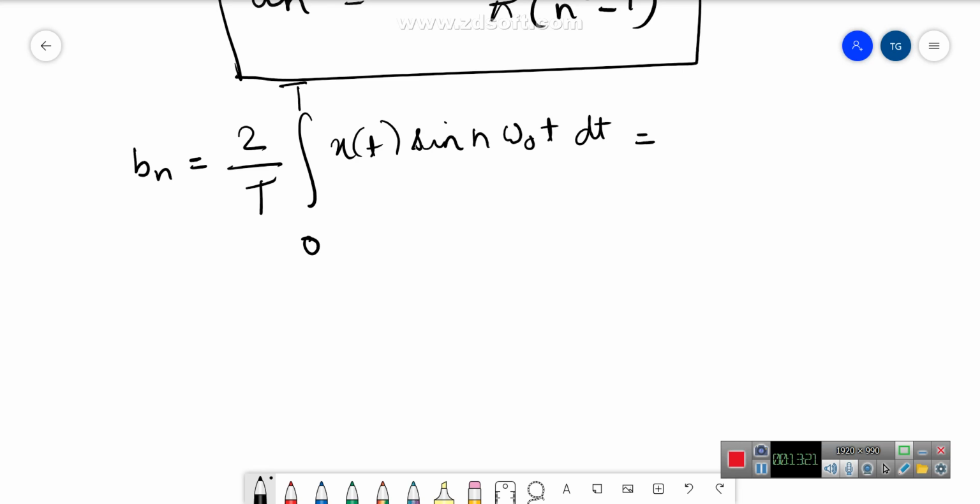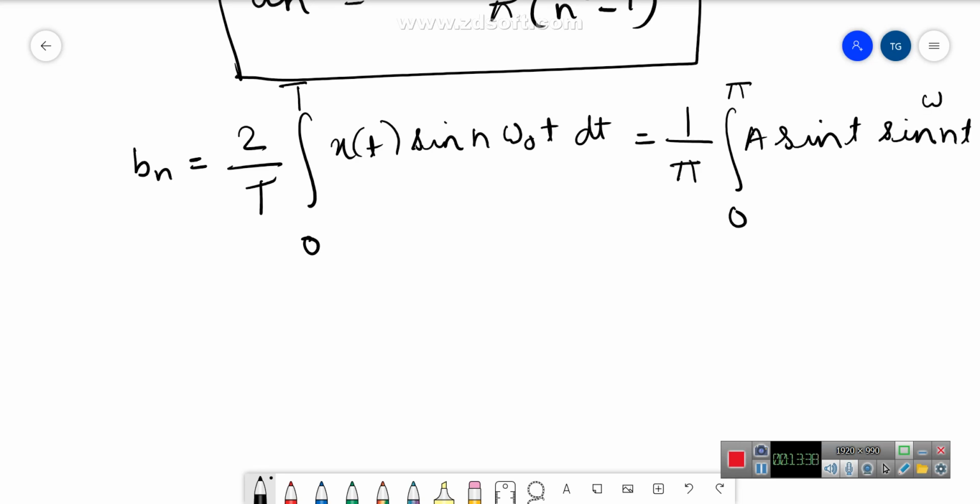So we can write it down like 1 by pi, because T is equal to 2 pi, so 2 gets cancelled, and here it is 0 to 2 pi or 0 to pi a sine t sine nt, because omega is equal to 1, into dt.